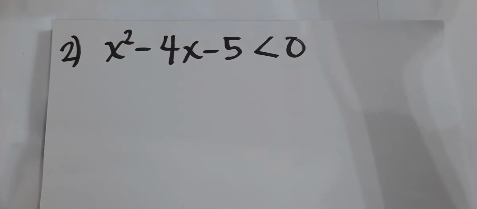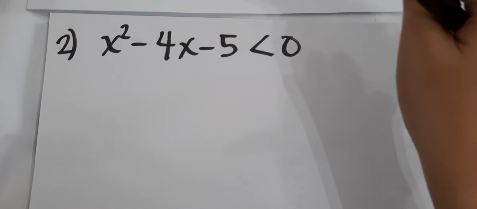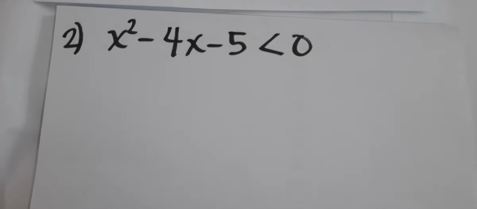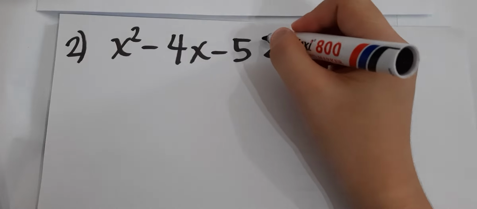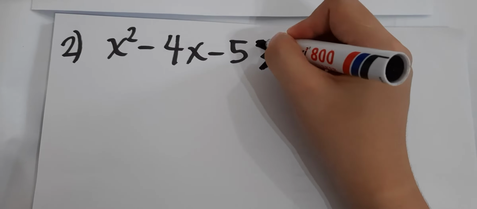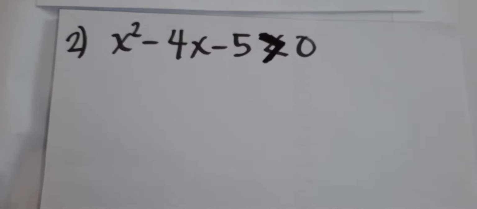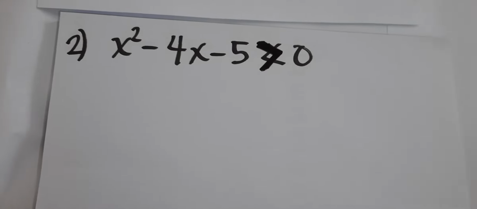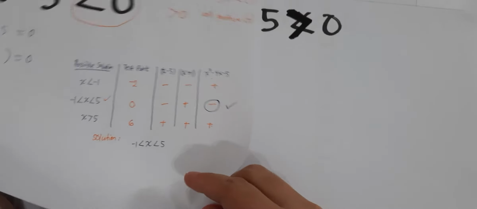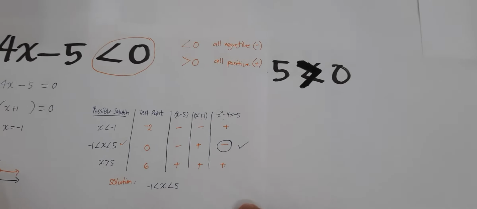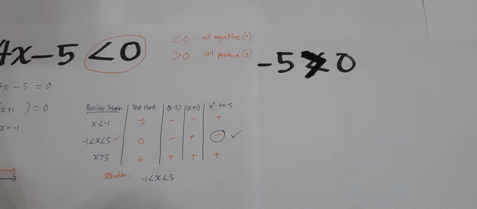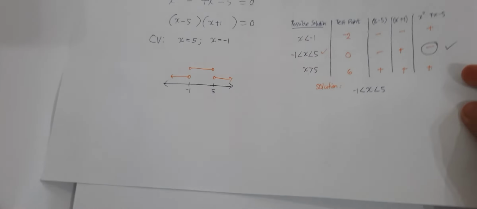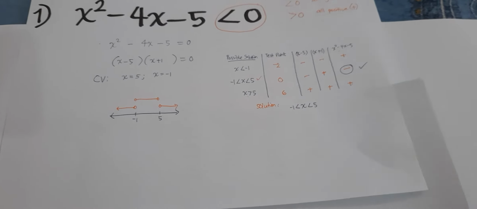Okay, let's move to the second example. Our second example is greater than 0. So we have the same given as in number 1, but greater than 0. We already solved this one, so it has the same values as number 1. But we need the values which are greater than 0. We have the same graph, but we need the positive. So what should we choose here?